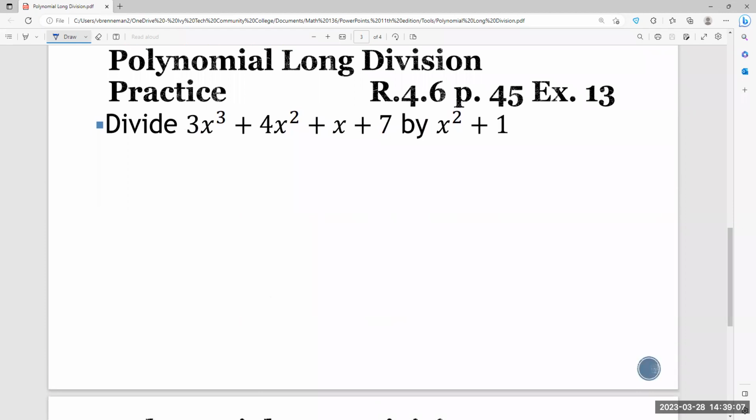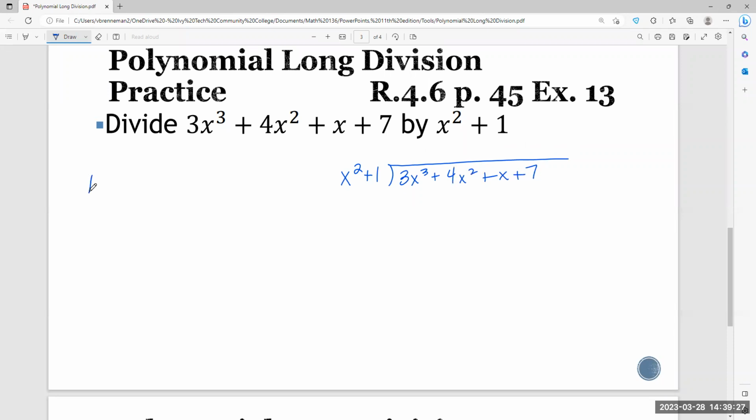First example: 3x cubed plus 4x squared plus x plus 7 divided by x squared plus 1. So I'm going to write this x squared plus 1 divided into 3x cubed plus 4x squared plus x plus 7.